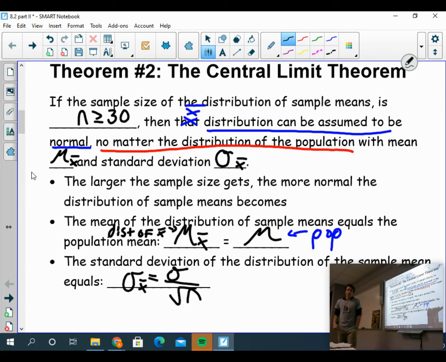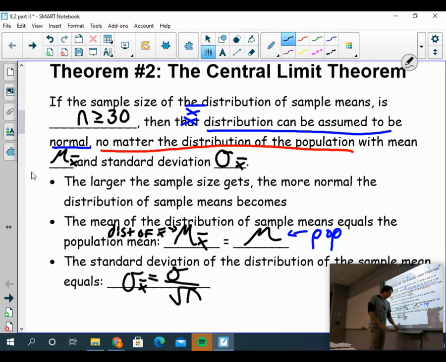Very similar, actually identical to a consequence of Theorem 1. Consequently, your standard deviation of the distribution of sample means equals the population standard deviation divided by the square root of n. Again, same consequence as Theorem 1.